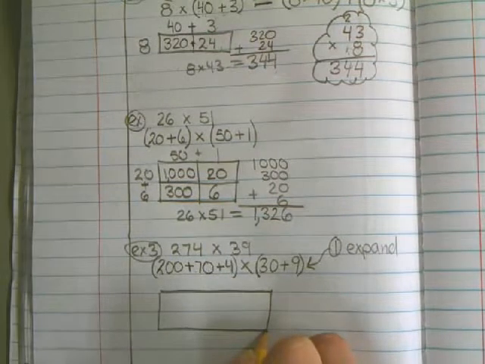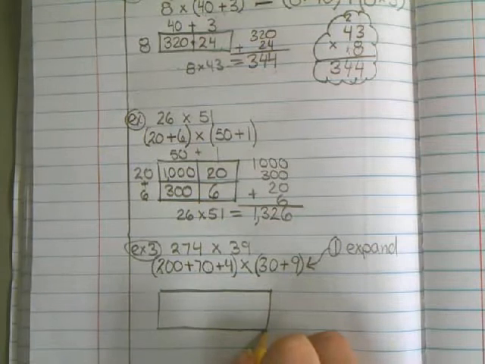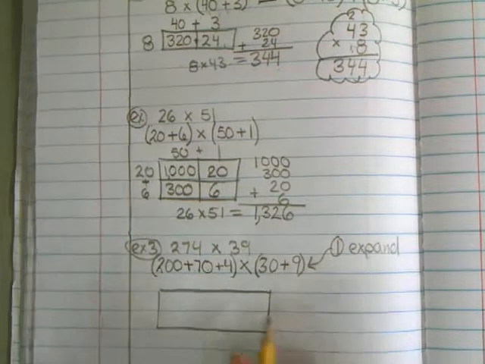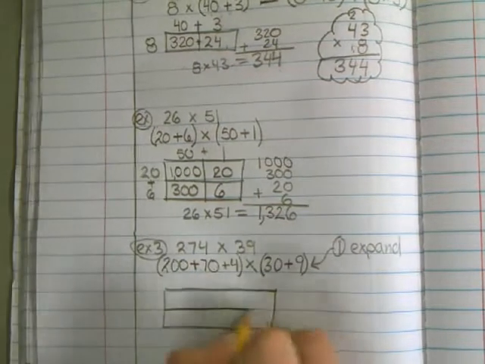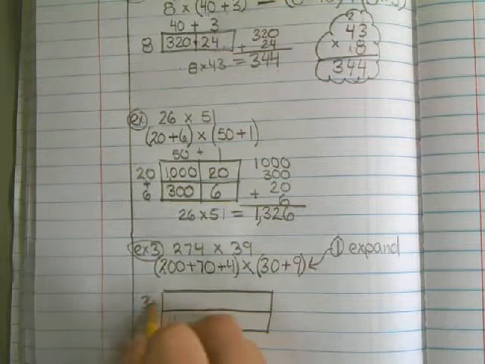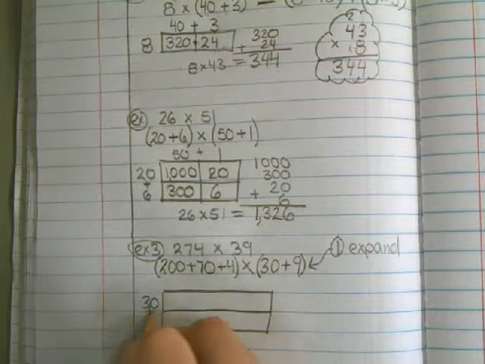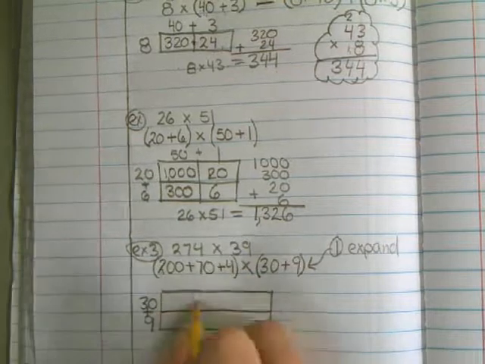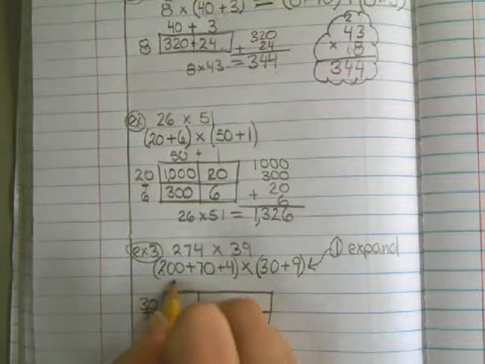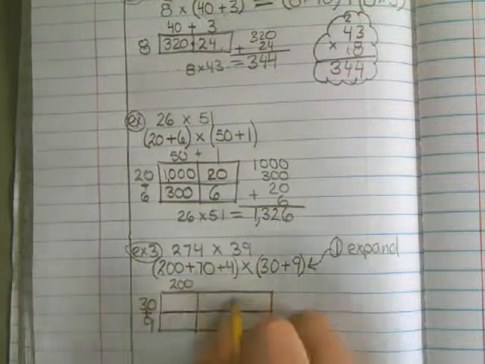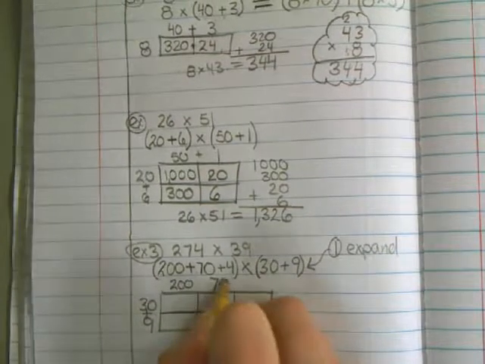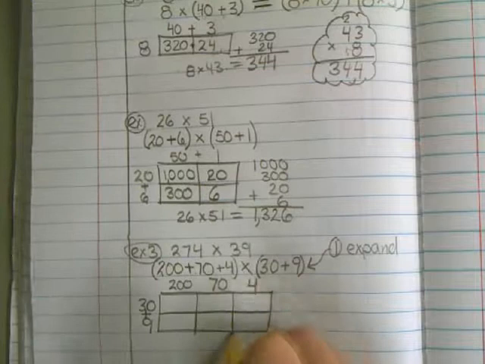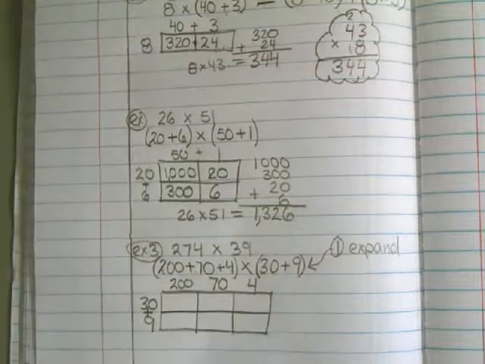The box just keeps it organized for us. So I'm going to set this up. This is going to be 30 plus 9 ones. And then this section will be my hundreds, 200. This section will be my 70, and then over here will be my 4 ones. Okay? So that is step 2.